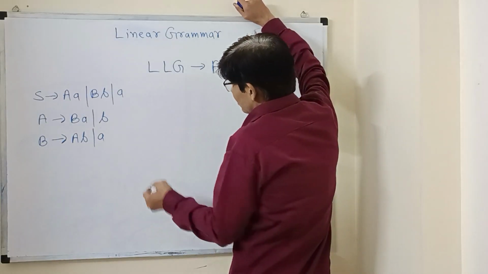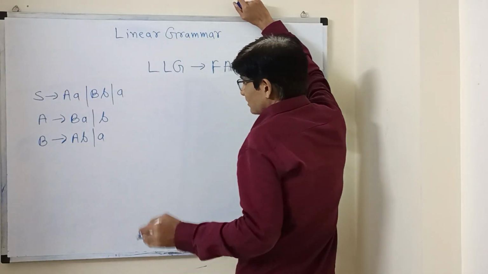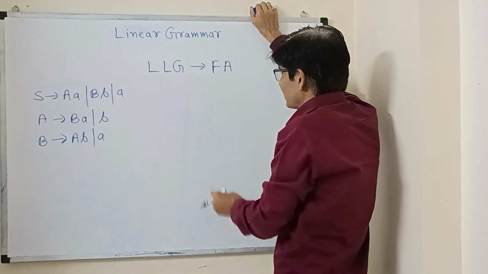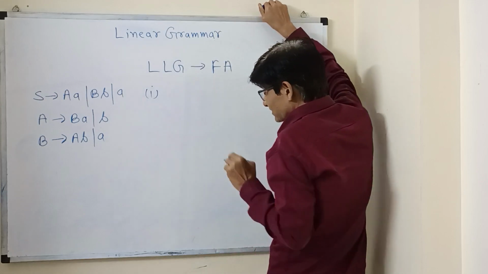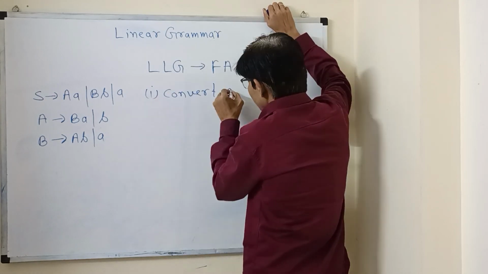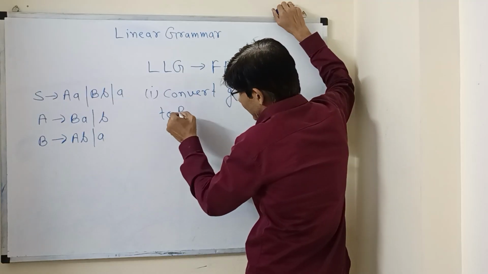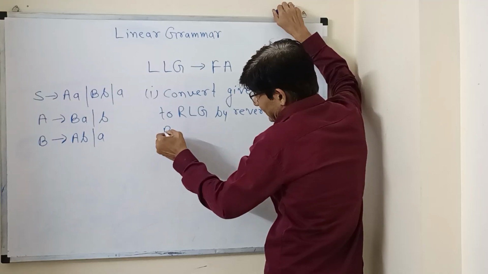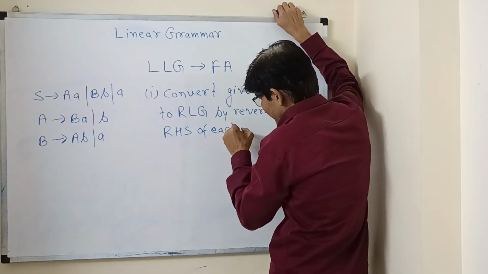Now I will tell you the steps of converting any left linear grammar into finite automata. The first step is to convert the given LLG to RLG by reversing the right hand side of each production.